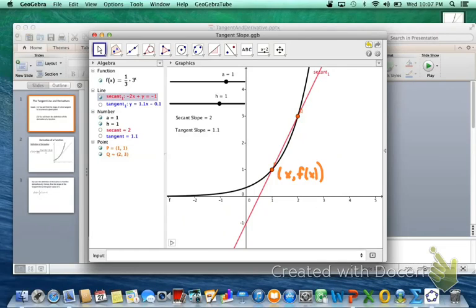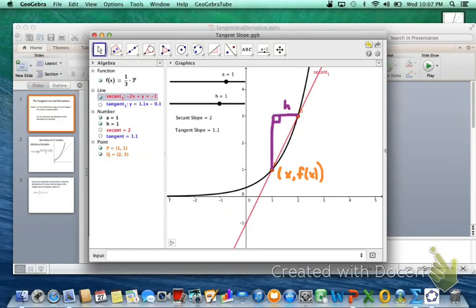Okay, and then what I've done is I've created a point Q that is h units away from point P horizontally. So here's what I mean by that. If we were to try to find the rise and the run between this point P and this point Q, the run would be h.